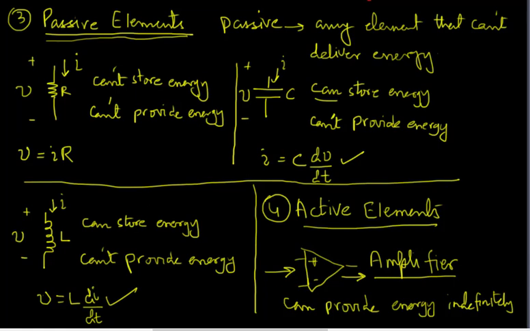Now mind you, you might be thinking that if the energy coming in is lesser and the energy coming out is greater, then is this device generating any energy? The answer is, practically speaking, no, because usually amplifiers have separate power supplies from where they can get additional energy and then add it to the input energy. And when they add that energy to the input energy, the output energy can be greater than the input.